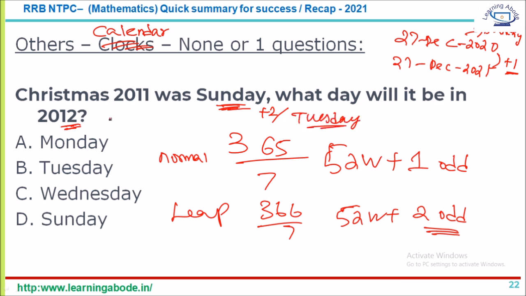Since you have 2012, you have February 29. I'm sorry, I said 28th of February. You have the 29th of February. So you'll have 366 days, so 52 weeks and 2 odd days. So the answer is answer option B. So calendar, I saw one question, so I thought I should tell you that.